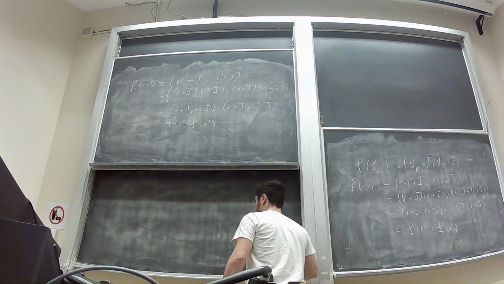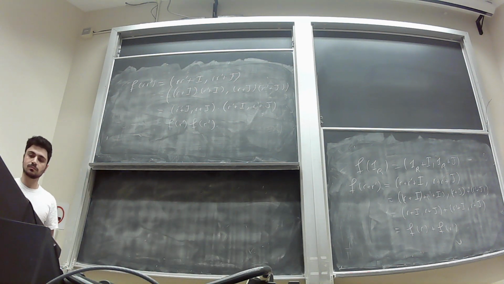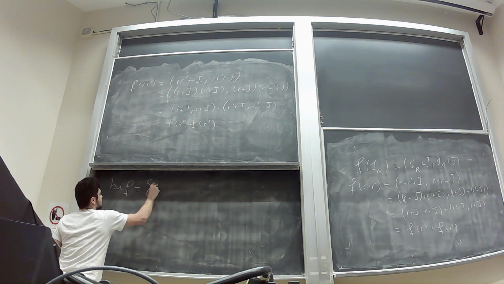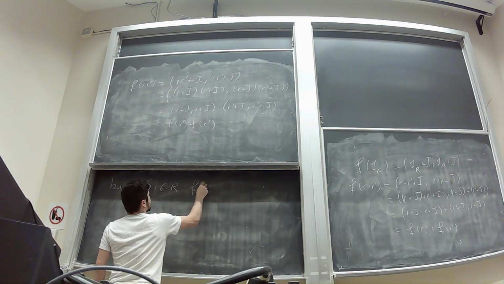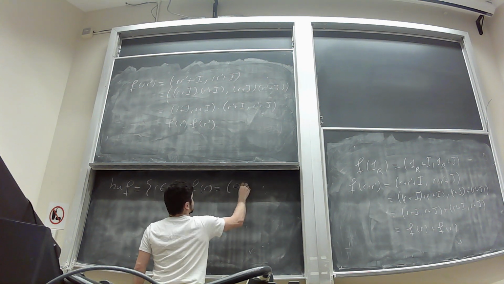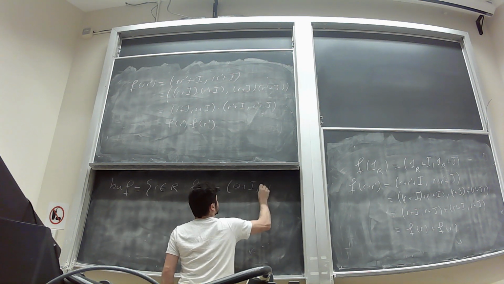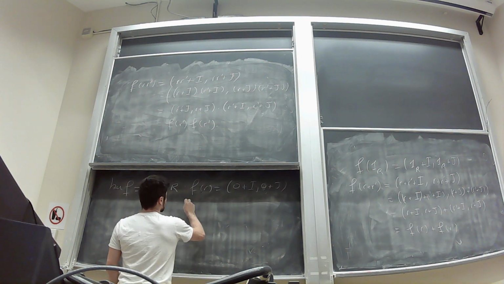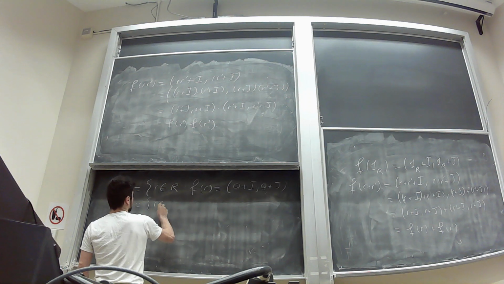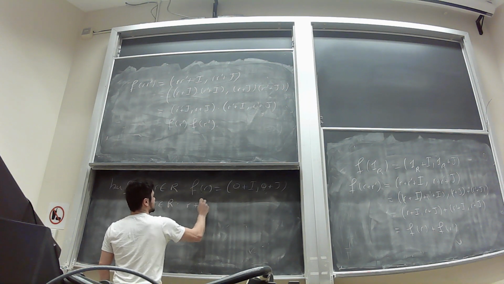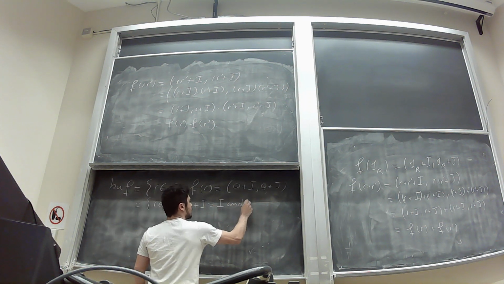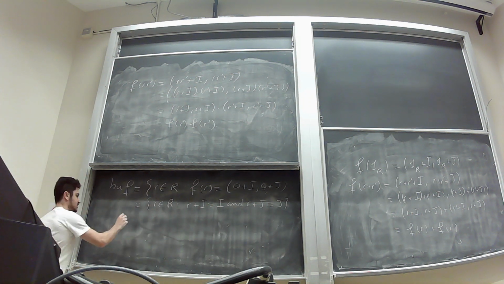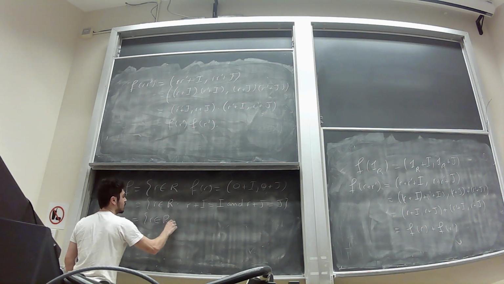Now what's the kernel of this homomorphism? The kernel of f is just the set of r in R such that f of r is 0 plus I and 0 plus J. So it's the set of r in R such that r plus I is I and r plus J is J. Well, when is r plus I equal to I?